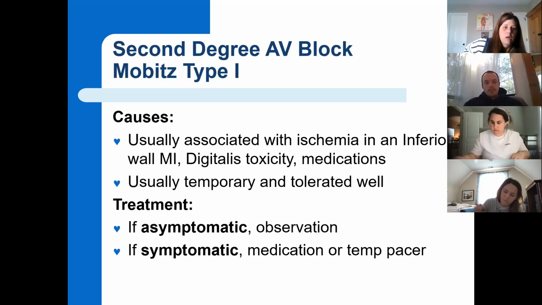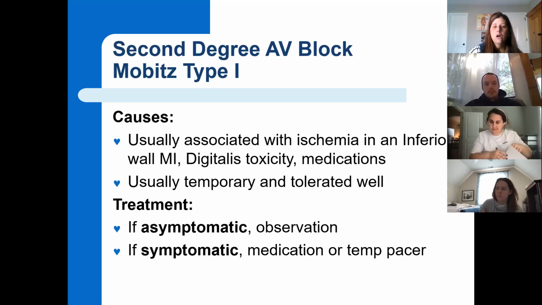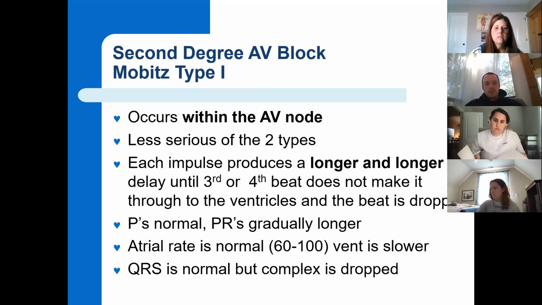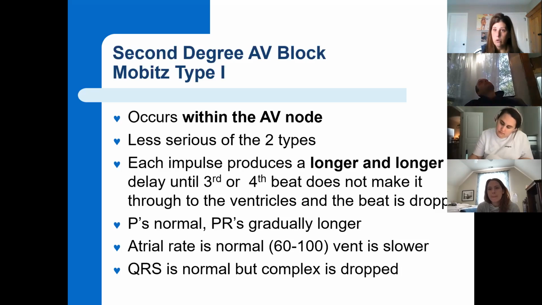Now, can you say that one more time? Yeah. So what's going to happen is the PR interval is going to get longer each cardiac cycle. So PQRST, PQRST, those are each cycles. So the PR interval that we just measured in type 1, the PR interval from this cycle is going to get longer to the next cycle and longer to the next cycle, and it's going to drop the QRS because it's not going to conduct all the way through because it's taking too long.